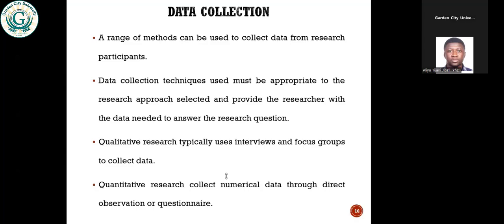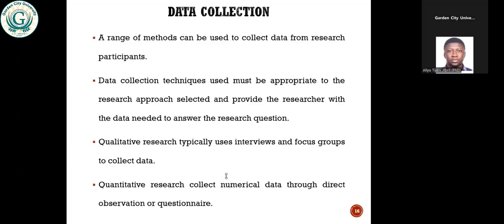Now, if I should develop my own questionnaire, maybe I want to assess the effect of breakfast skipping on obesity. If I develop a questionnaire on skipping breakfast or breakfast attitude, then after I have developed it, I must test the questionnaire in a different population.